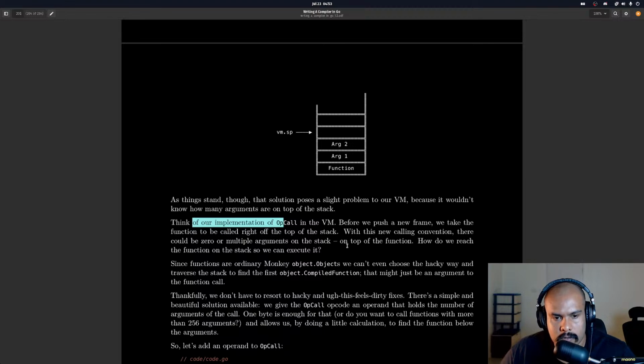Take the function to be called right off the top of the stack. In this new calling convention, there could be 0 or multiple arguments on the stack.